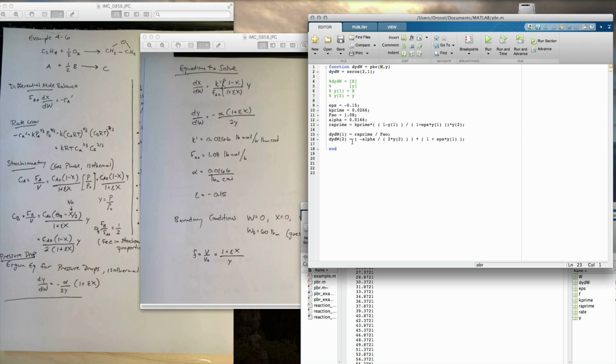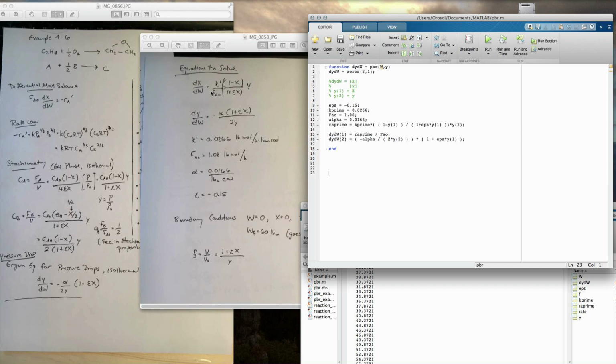And so then for this dy dw2, this is actually dy dw, which is the pressure drop. I didn't change anything in this equation between here and here, so that just went in how it is. And because of how this is set up, when you're referring to your variables, when you refer to x, you have to put y1, and when you refer to y, y2.